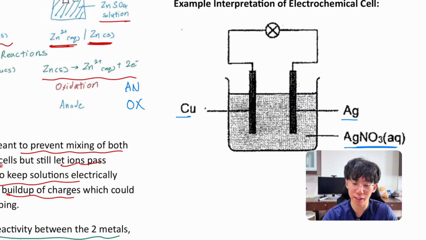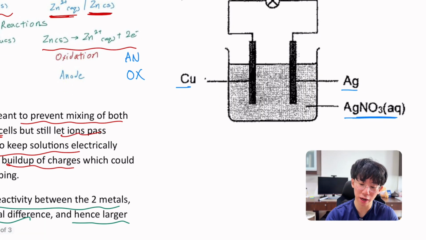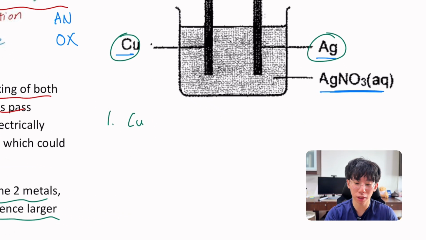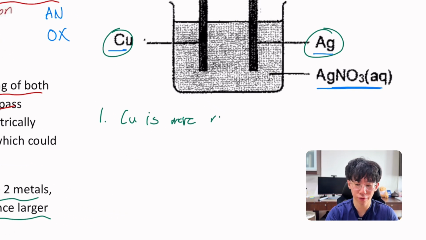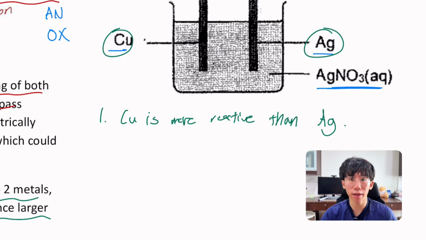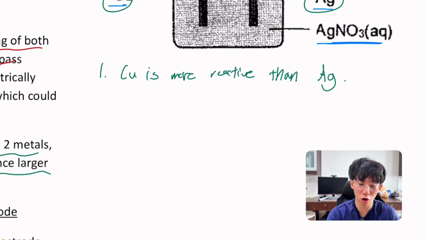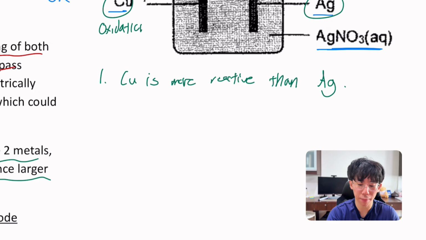In this particular instance, again, remember our first step is to identify the more reactive metal. Now, if you compare copper to silver, you should be able to tell, if you memorize the reactivity series, that copper is more reactive than silver. So in this step 1, you can already tell, since copper is more reactive, most likely oxidation would happen here.